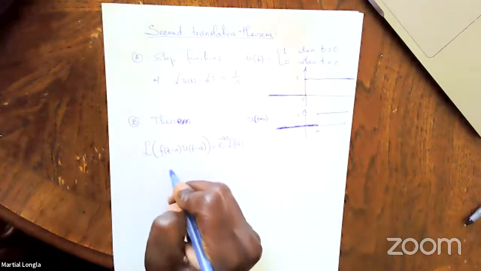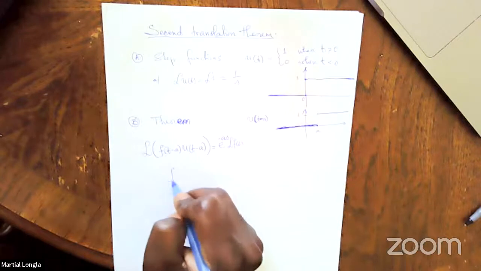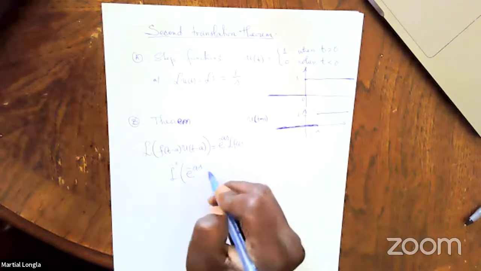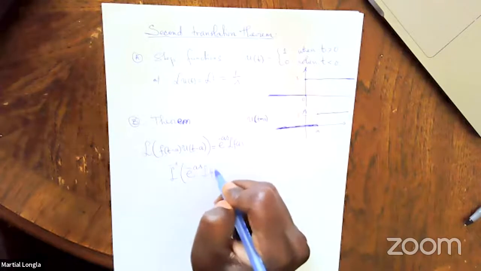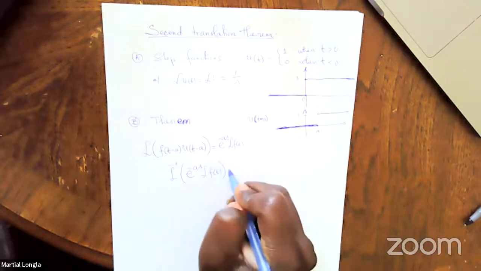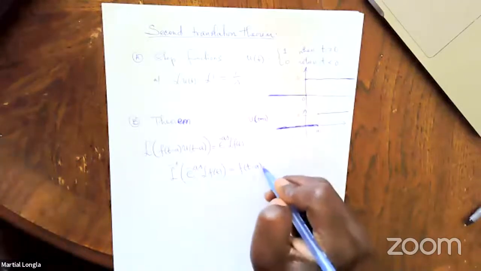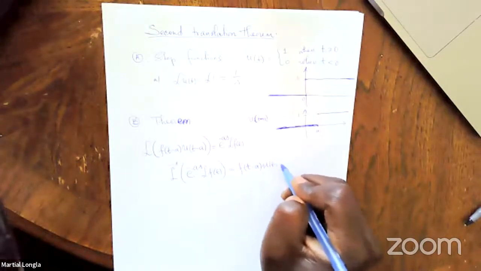So the inverse Laplace transform of e to negative as times the Laplace transform of f of t is f of t minus a, u of t minus a.